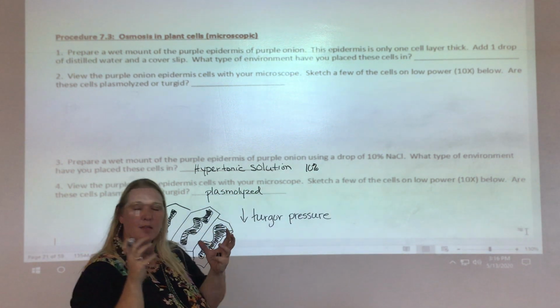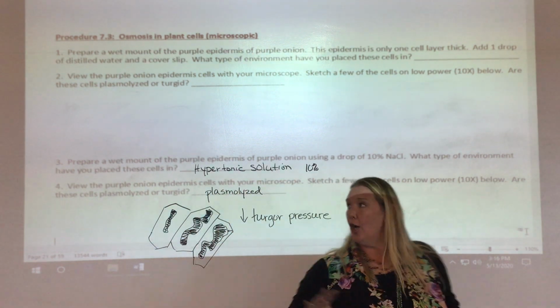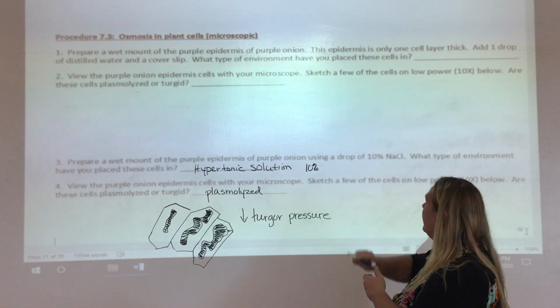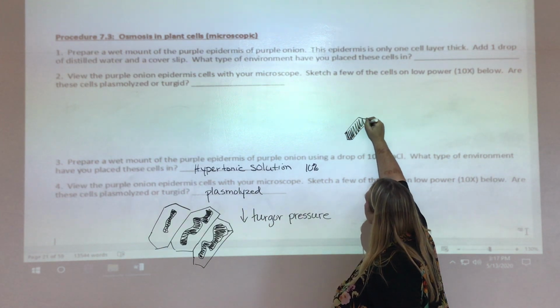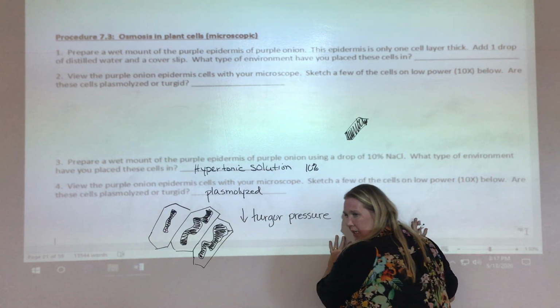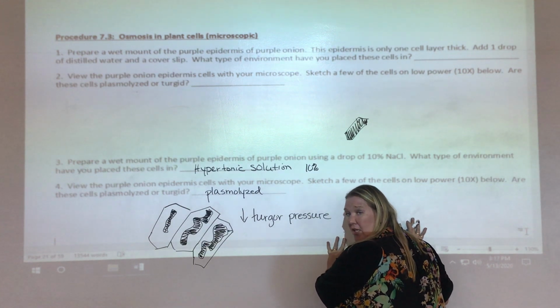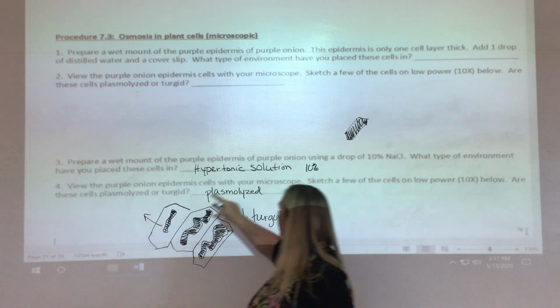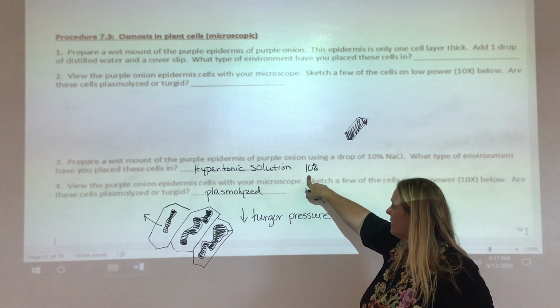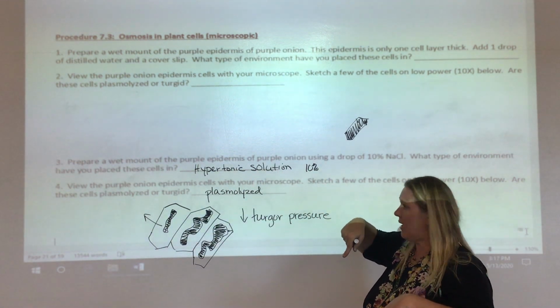We're having them shrink away, and it's low pressure. The other one was filled up, the whole thing. That pigment was pushing against that cell wall. That's a lot of pressure. And now it's pulling away because water is leaving that cell, because there's more salt outside of that cell than there is inside of that cell.